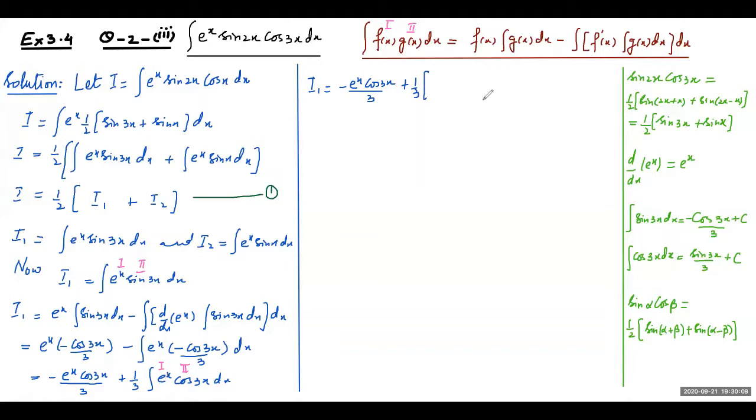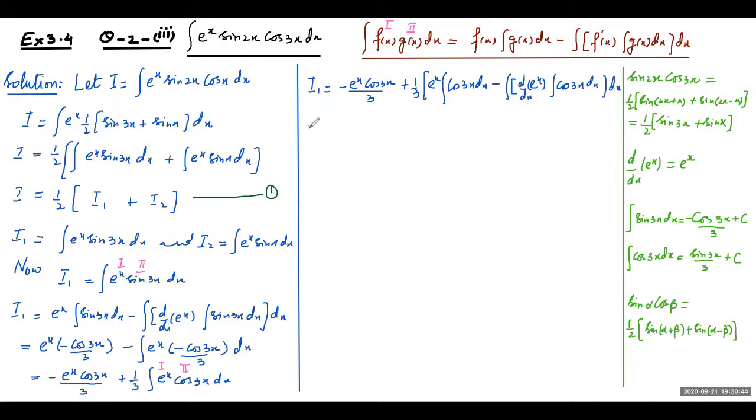I perform integration by parts using first function times integral of second function, minus integral of [derivative of first function times the same integral, integral cos 3x dx] dx.